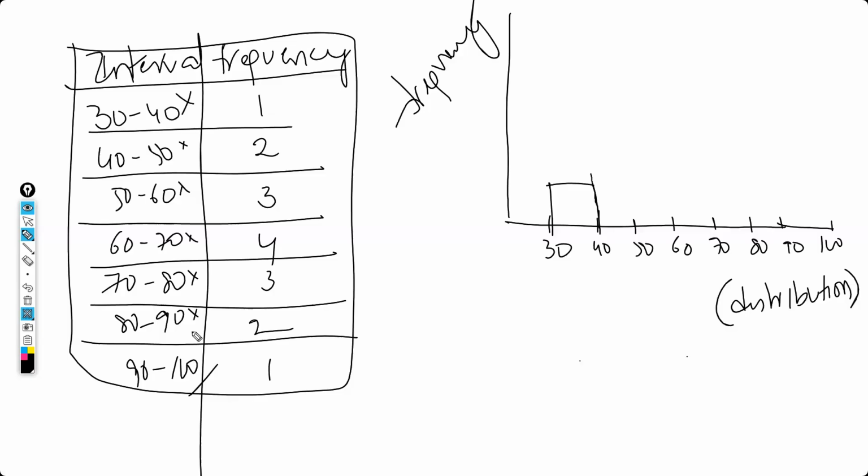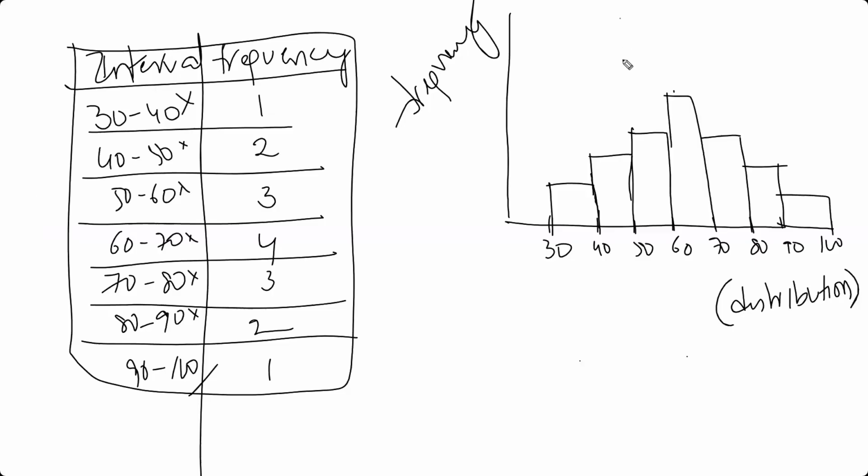Point is clear? Everyone? That is the default. Now here the bars are attached to each other. And 50 to 60, the bars are attached to each other. 60 to 70, 70 to 80, 80 to 90, and 90 to 100. Everyone is clear? Anyone has doubts?